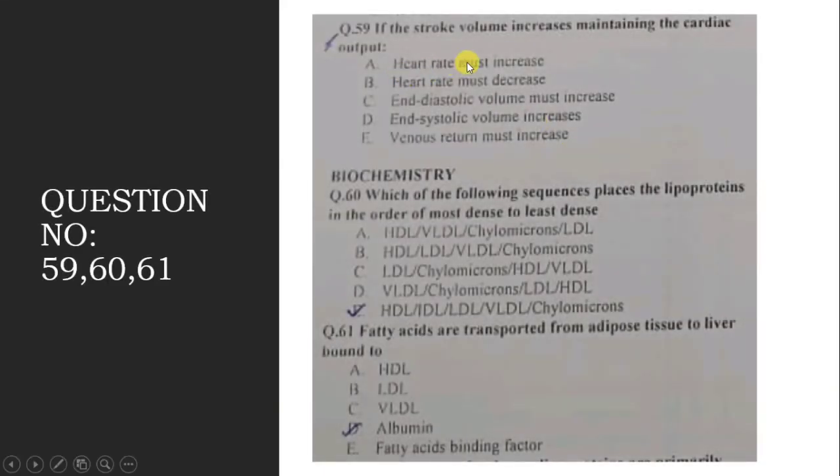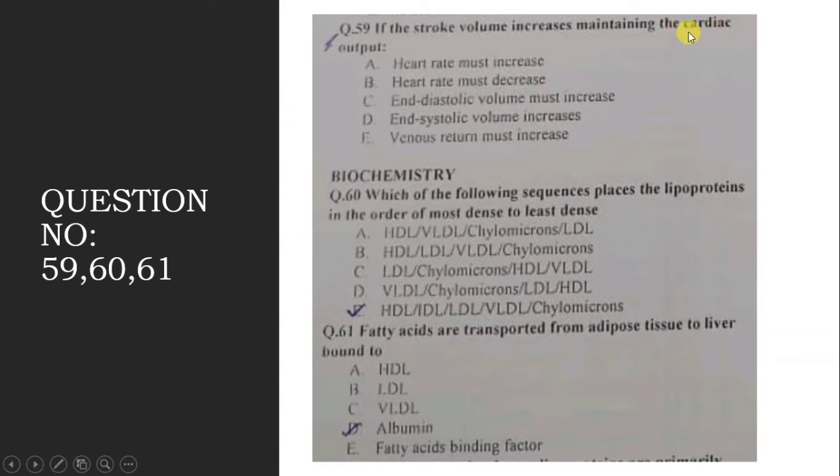Question number 59. If the stroke volume increases while maintaining the cardiac output, A, heart rate must decrease, B, heart rate must increase, or diastolic volume must increase, systolic volume increases, venous return must increase. When we look at the formula, cardiac output is equal to the stroke volume multiplied by the heart rate.